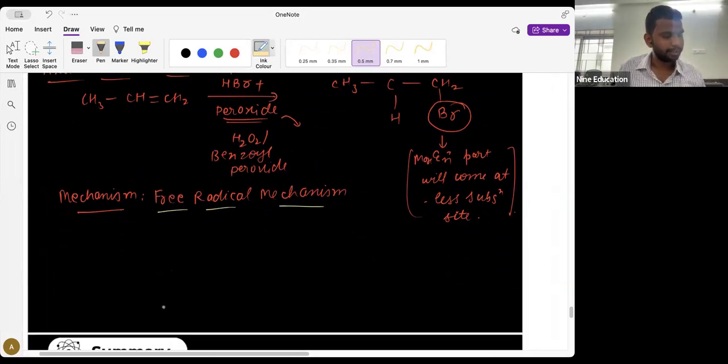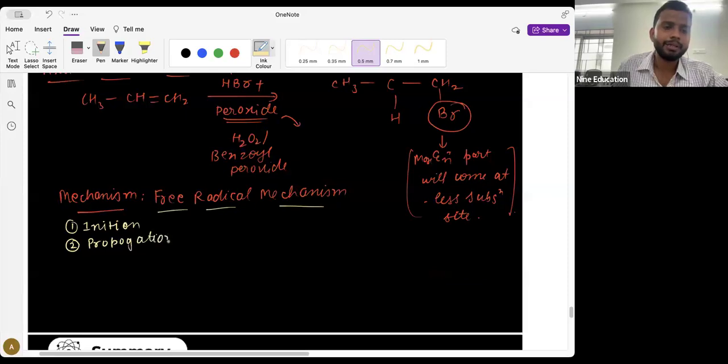And in the free radical mechanism we always see three parts. The first part is the initiation part, the second part is the propagation part, and the third part is the termination part.